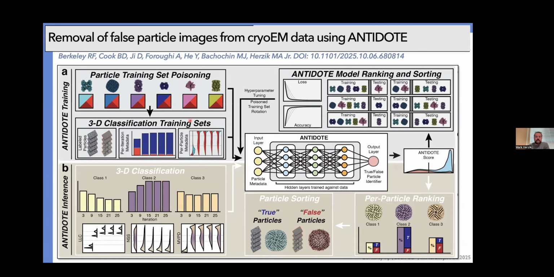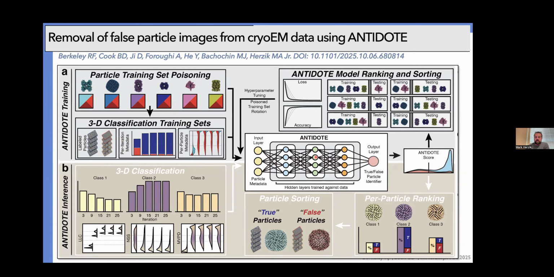And so what we did is we trained an AI called Antidote, where we took these different data sets and we specifically poisoned them with bad data. And so now we have labels of good data and bad data. We can monitor their distributions through 3D classification, and we train the AI to look at those behaviors. And so it's not looking at the particle images, but it's looking at the behaviors.